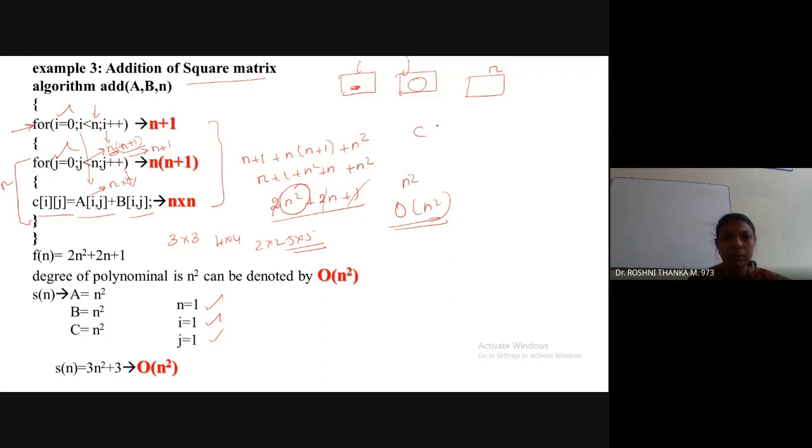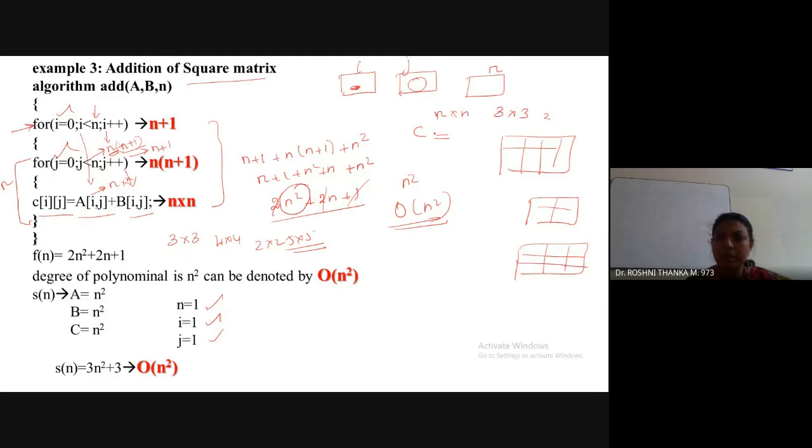What will be the size? Since it is a square matrix, we will be getting an n cross n matrix, for example 3 cross 3 or 2 cross 2. We take an array format of this type to represent the memory. If it is 2 cross 2, we'll have 2 rows and 2 columns. If it is 3 cross 3, accordingly you take a memory space like this.